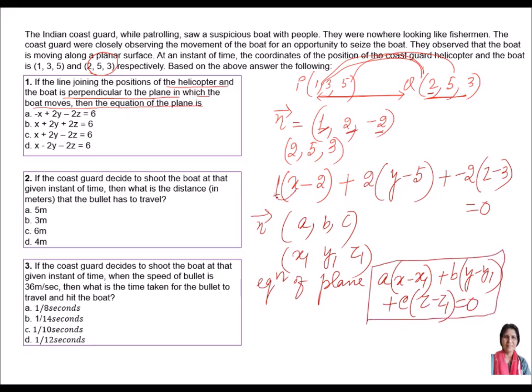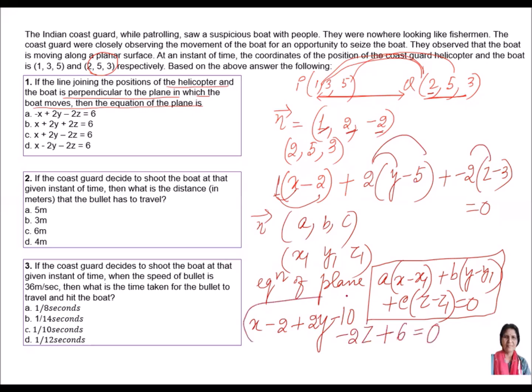Now simplifying this, I'll get x minus 2 plus 2y minus 10 minus 2z plus 6 is equal to 0.